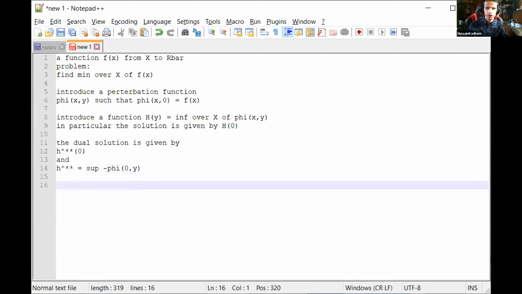given nice enough functions, we can recover the dual solution as the double convex conjugate of h, and it is equal to a maximization problem on negative the convex conjugate of phi.